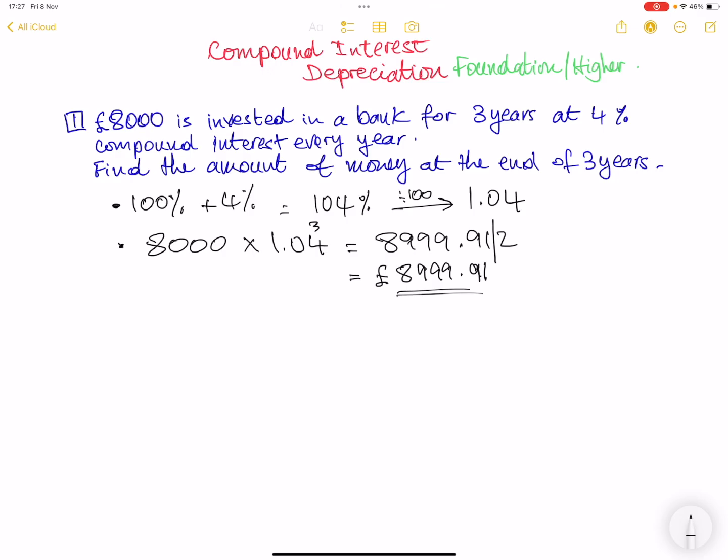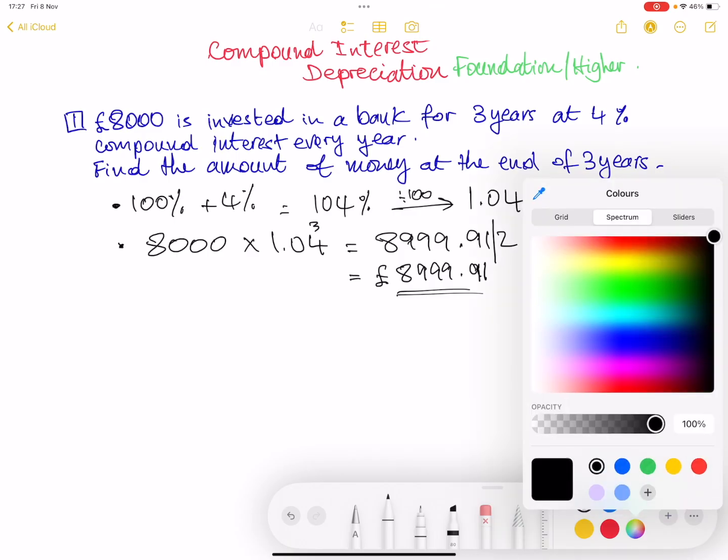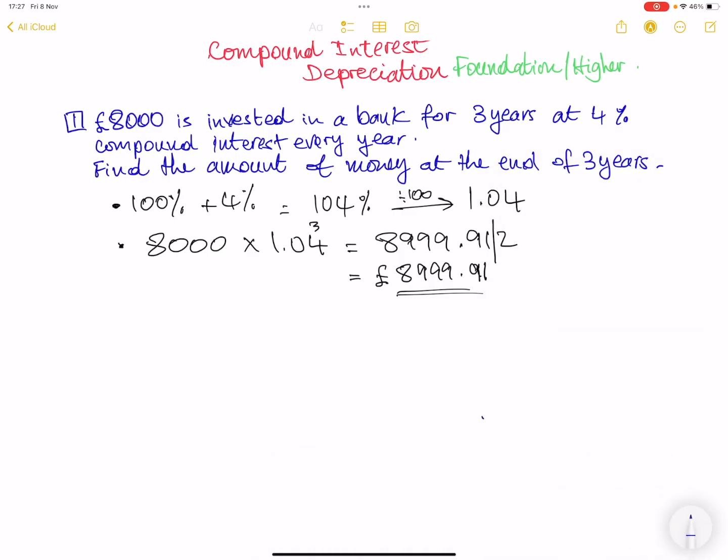Good. We can also do an example about depreciation. So, example 2. Let's say we have the value of the new car.